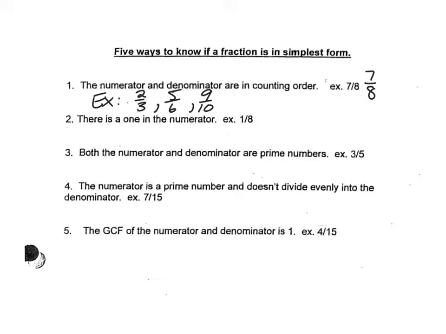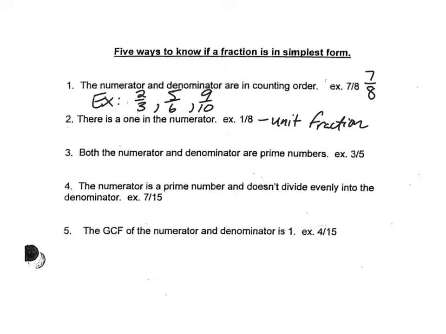The second way, it says there is a 1 in the numerator. Go ahead and write this on your page as well. This is what's known as a unit fraction. A unit fraction is a fraction that has 1 as the numerator. We're going to do a lot with unit fractions later this year, so you'll remember us talking about it.